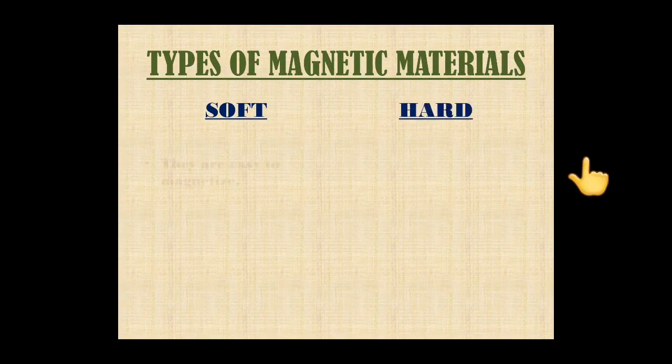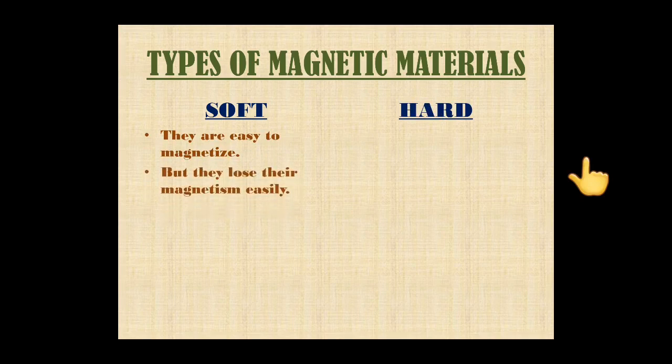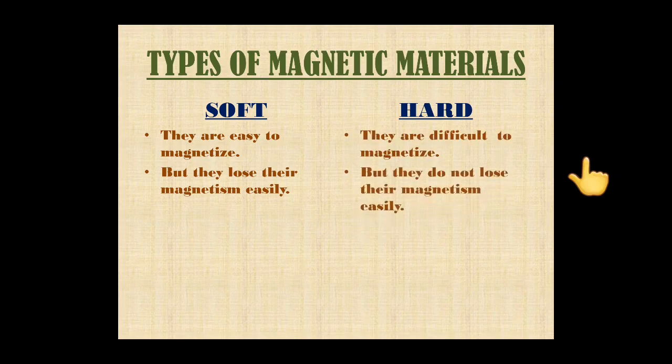Soft magnetic materials are easy to magnetize, but they will lose their magnetism as soon as the magnet is removed. Comparing with soft magnetic material, hard magnetic materials are difficult to magnetize, but they can retain their magnetism.